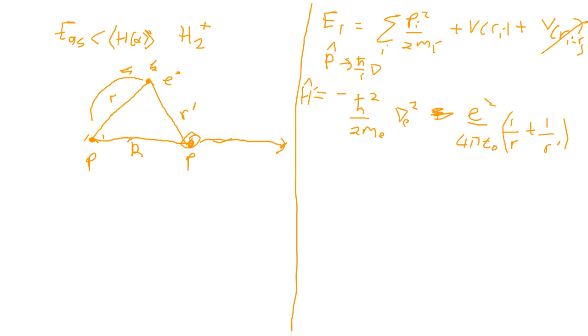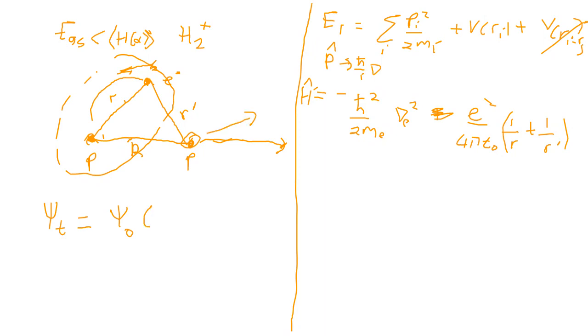So you will probably only be left with this part of the system, and this part of the system we've already solved, right? This is just the standard hydrogen atom. So you might guess that your trial wave function has to be that of hydrogen. So it's just psi naught, and this other one would be somewhere at infinity.